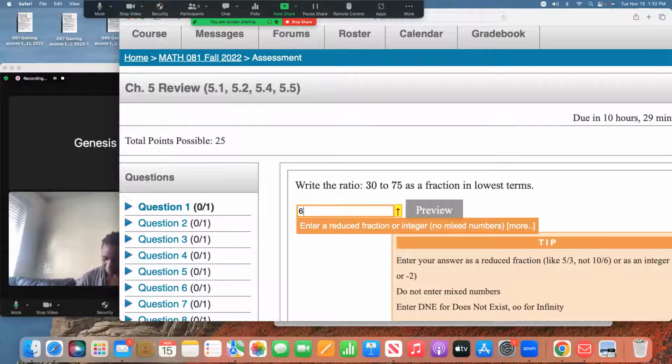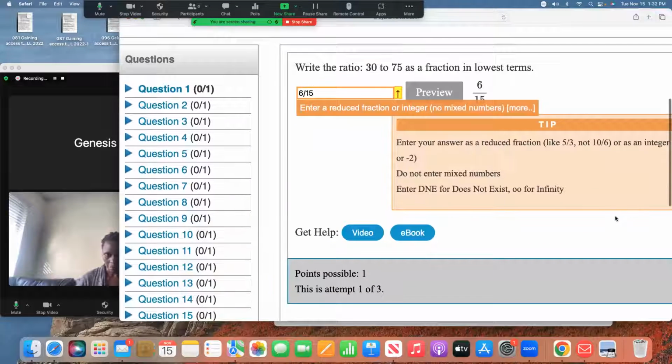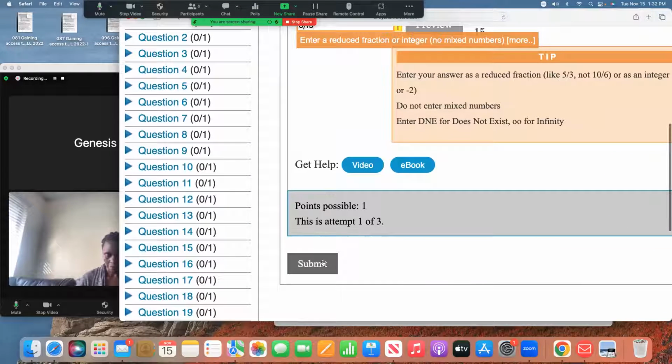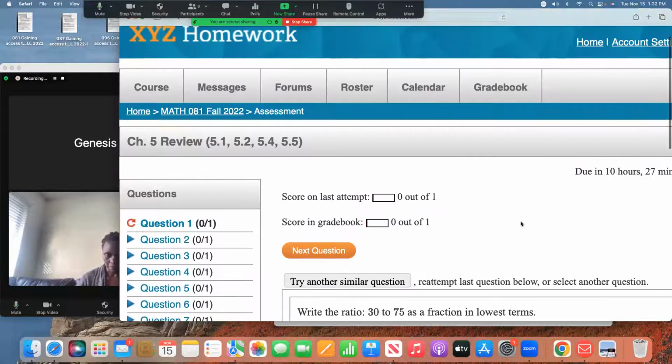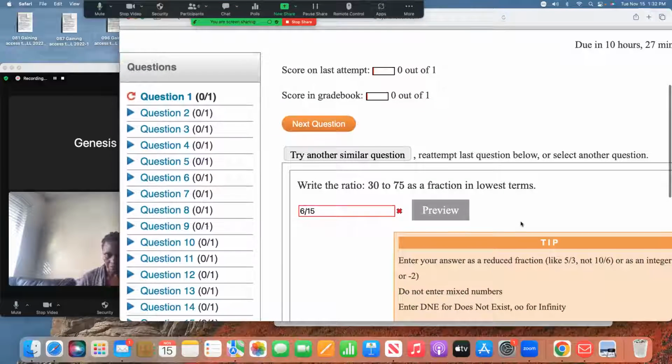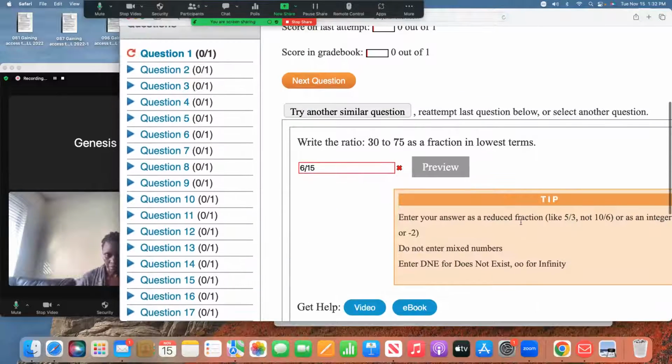I got 6 divided by 15. Okay. Now, I'm going to show you what happens when you try to submit the wrong answer. They didn't like it, did they?